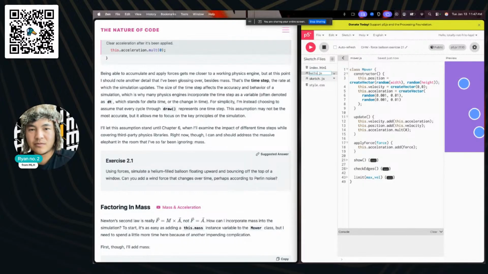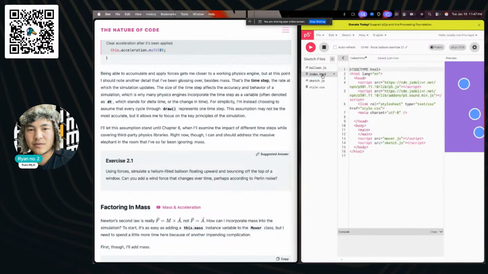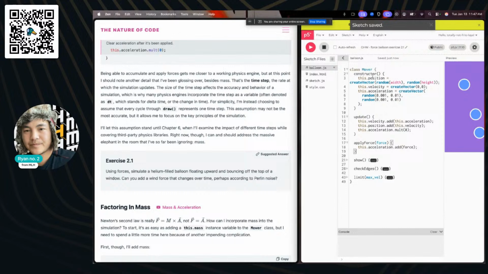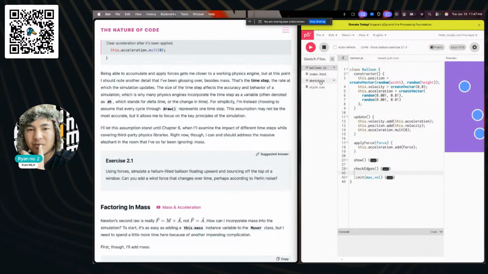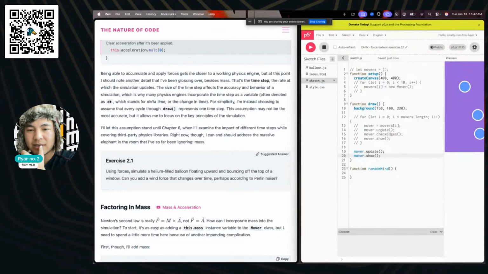That way we don't confuse, or I guess I'm always a big fan of being more specific where possible. So let's call this balloon, balloon, balloon. We don't need check edges because we want it, or I guess check edges is going to work a little bit differently here. Let's keep it for now, but remove the call inside our draw function.